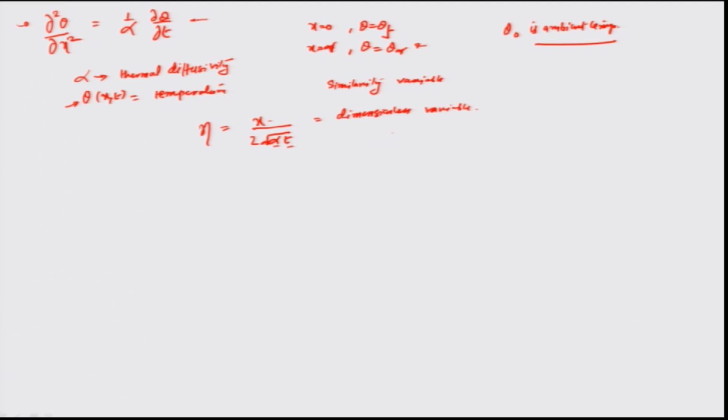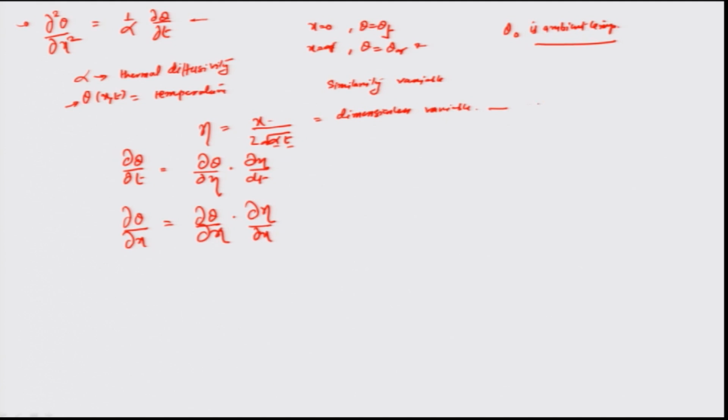So, we first try to find del theta by del t in terms of del theta by del eta times del eta by del t, okay. And then on the other side we derive del theta by del x as del theta by del eta times del eta by del x.